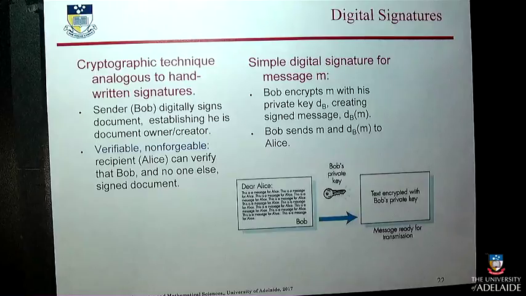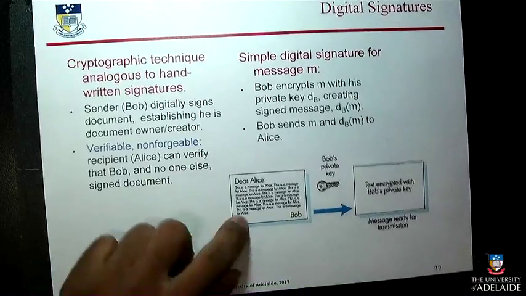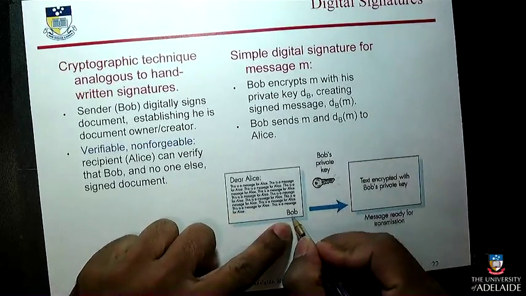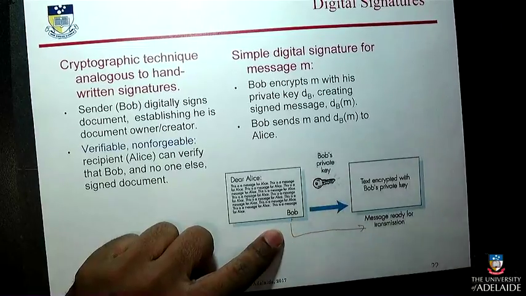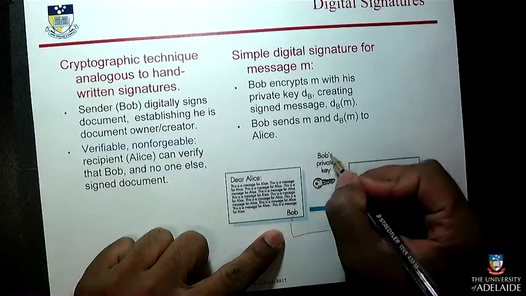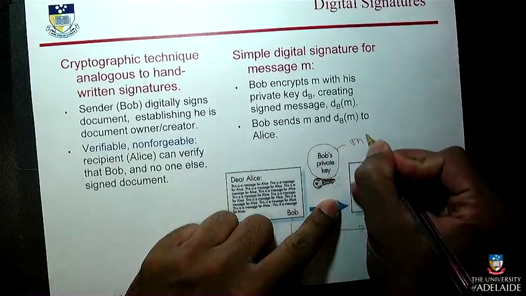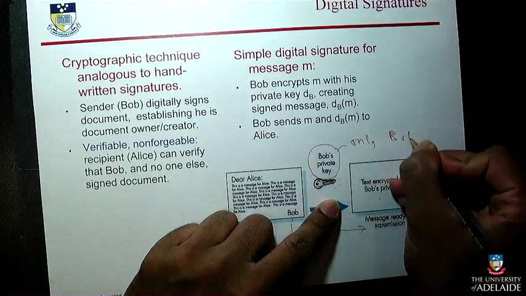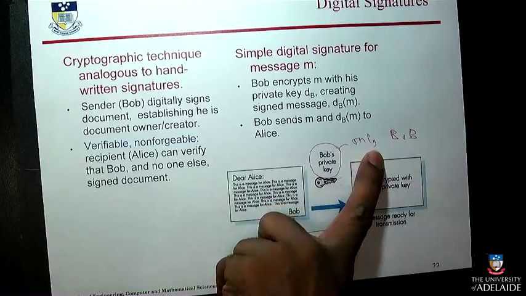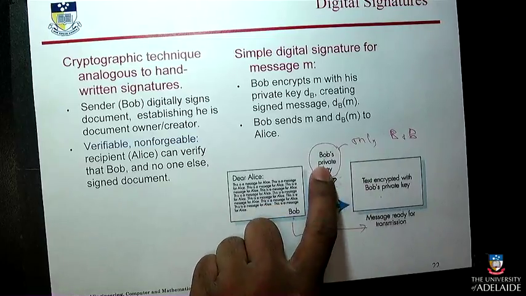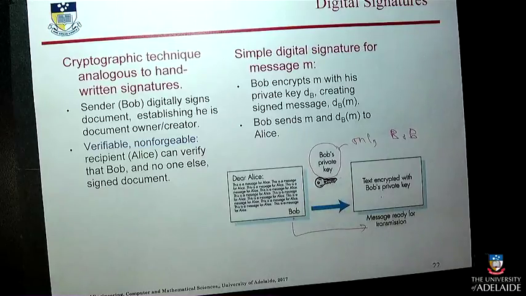Essentially, Bob can use his private key to sign a message. The reason this becomes a digital signature is that only Bob in the world has this key. Nobody else does. So if Bob encrypts the message with his private key, only Bob can do that.